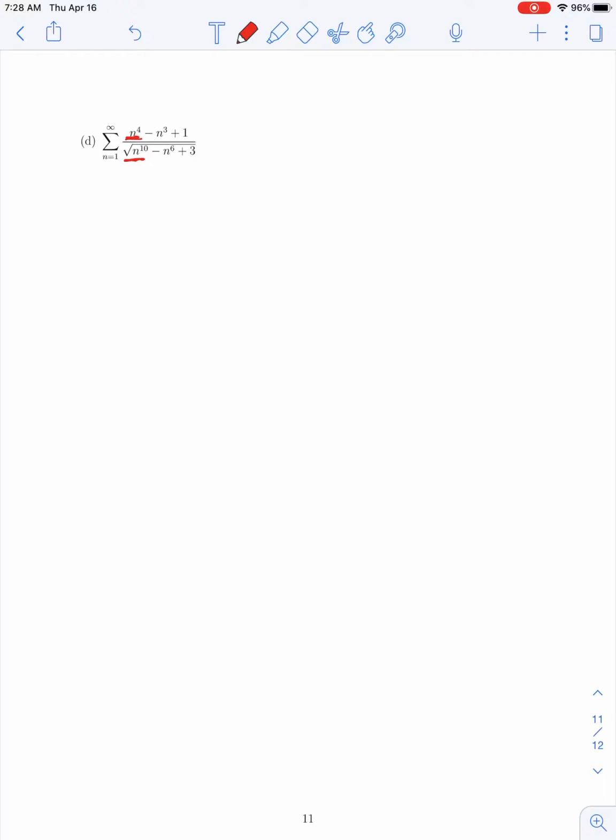So we're looking at something of the form n to the 4th over n to the 5th, or 1 over n. So we might try to compare with the series from 1 to infinity of 1 over n to the 1st, which we know is the harmonic series which diverges.